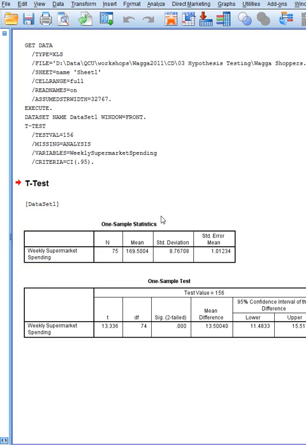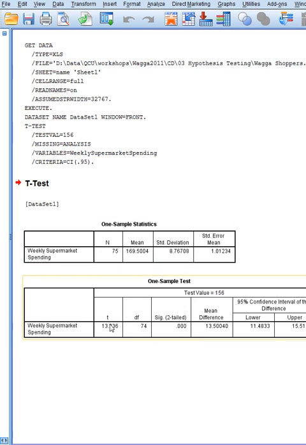We get one with just the sample statistics, so we get a mean and the number of observations in our sample. We get the standard deviation and the standard error of the mean. And if you remember from what we were talking about the other day, the standard error of the mean is the standard deviation divided by the square root of n. So if you were to divide the 8.767 by the square root of 75, you'd get 1.01.